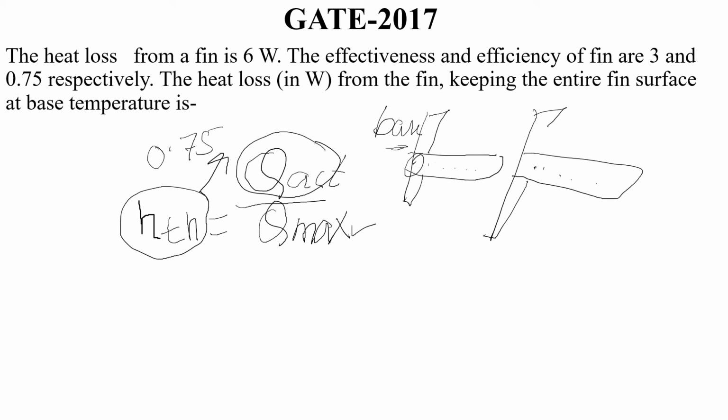Suppose the wall temperature to which the fin is attached is 80 degrees centigrade, then for Q max the temperature of the whole fin will be 80 degrees centigrade, but in the actual case the temperature will decrease along the length. So actual is given as 6 watts.